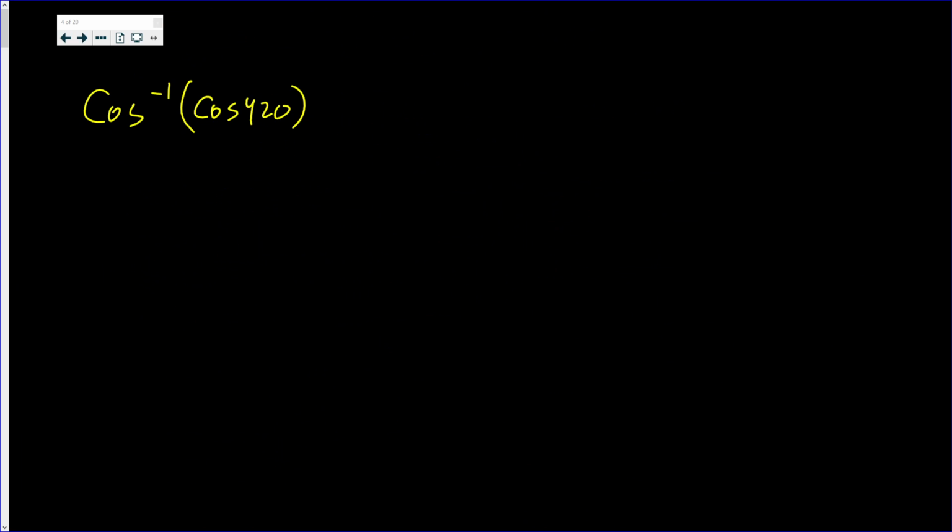Well, any trig inverse is defined in 2 of the 4 quadrants. This isn't even in one of them. The cosine of 420 is the same as the cosine of 60. I would do that right away.